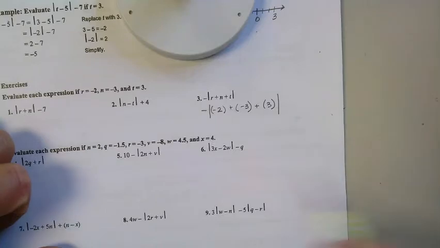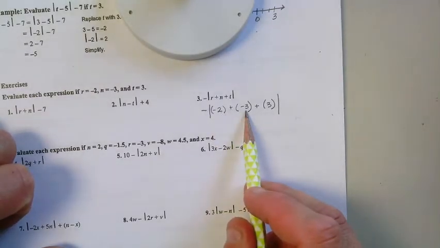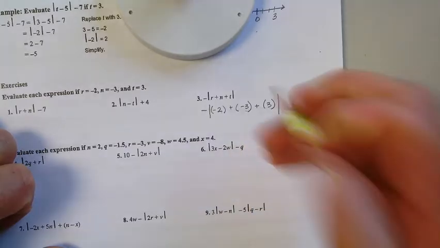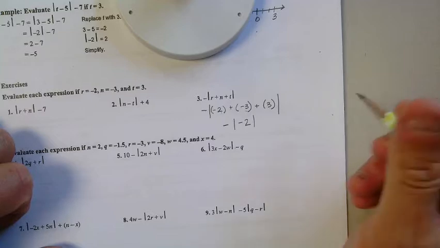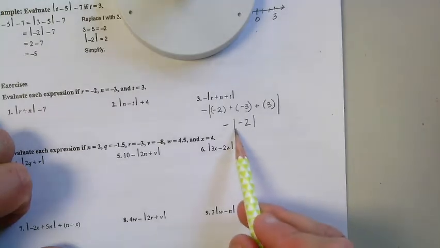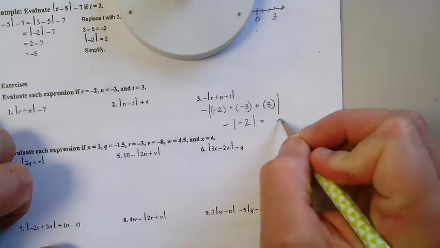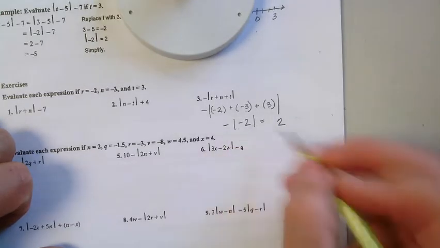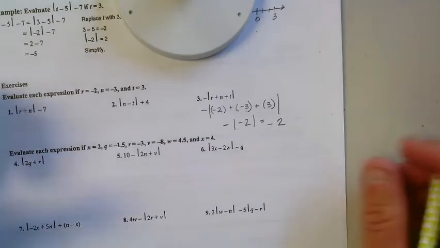If I simplify this, -2 plus -3 is -5, plus 3 gives me -2. What's the absolute value of -2? That's 2, but there's a negative out in front of it, so the answer is going to be -2.